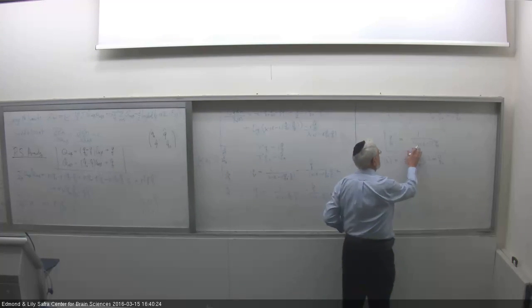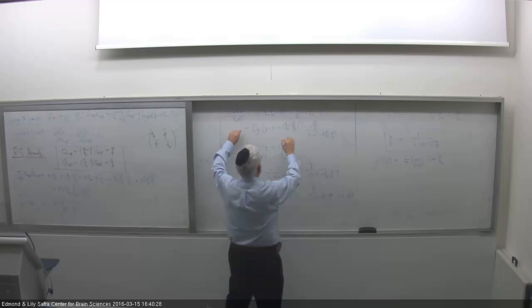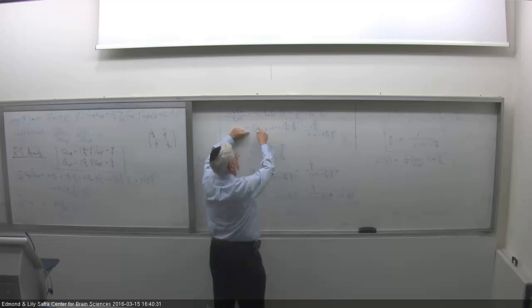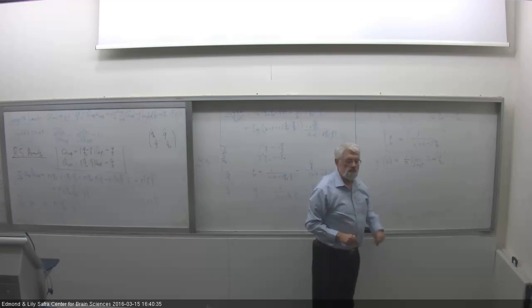Sorry, lambda. Right. But by the time you take a derivative with respect to lambda, you only have a derivative here, and you get this, and therefore you just get q0.